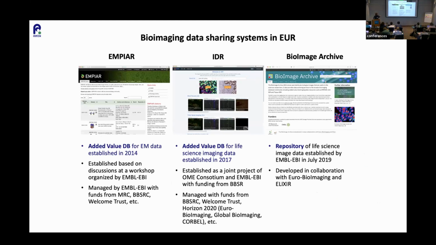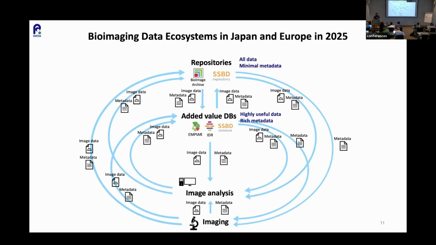EMPIAR, the IDR, which is an added-value database for cell and tissue microscopy, and the BioImage Archive, which is a repository that accepts all the data. So that's a two-layer system. In Japan and Europe, we have this database system with these functions.